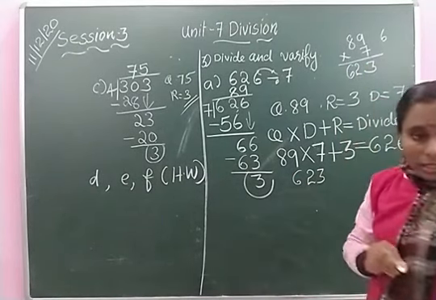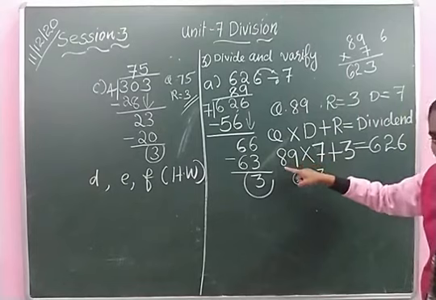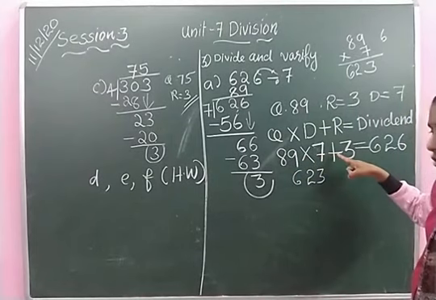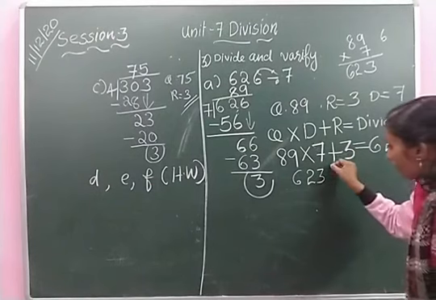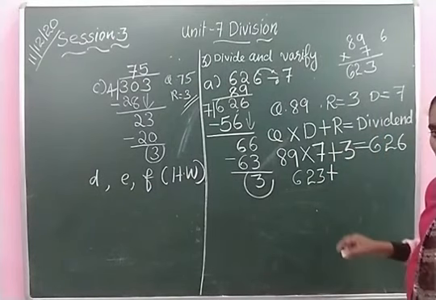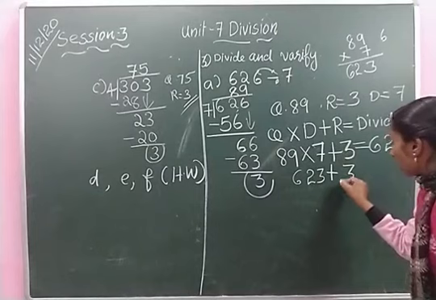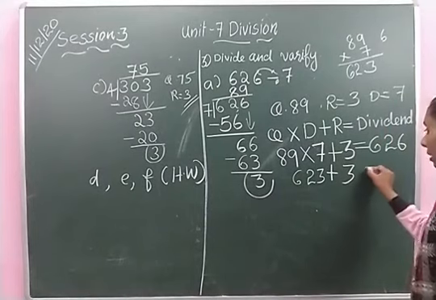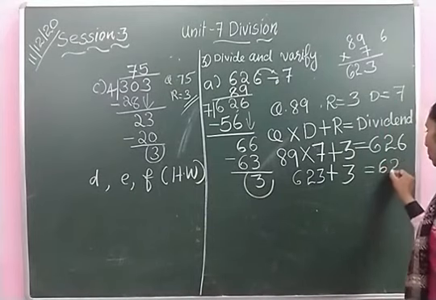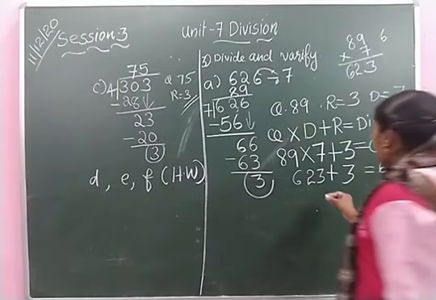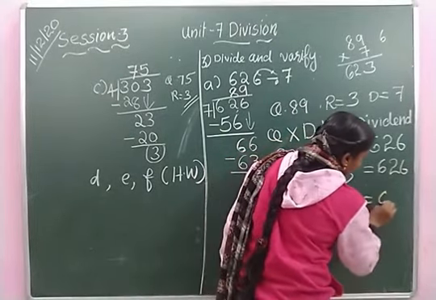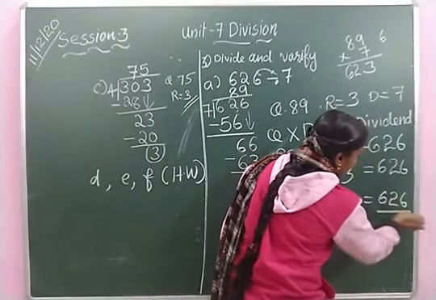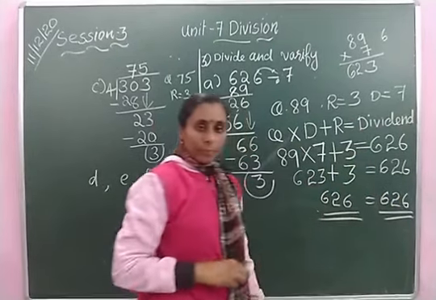How did we get this 623? 89 multiplied by 7 is 623. Then one more step is left: 623 plus 3 is equal to 626. After addition, 626 is equal to 626. Both sides tally.